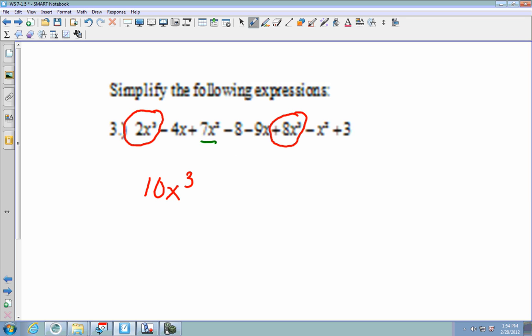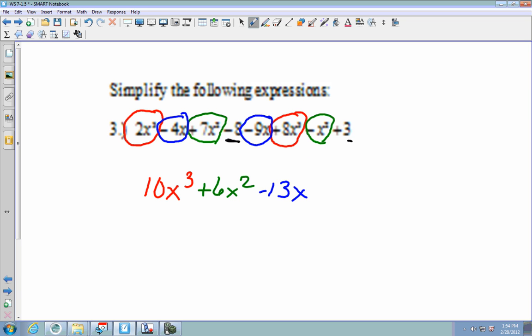Look for my squared ones. There's a 7x squared minus x squared, so I get plus 6x squared. Then I have negative 4x minus 9x, which gives me negative 13x. And then negative 8 plus 3, which is minus 5.